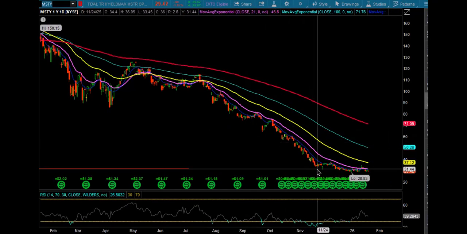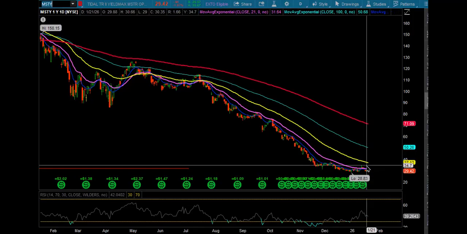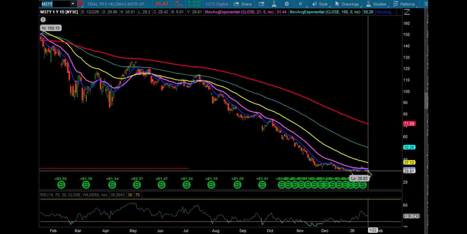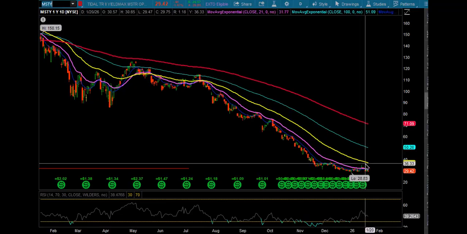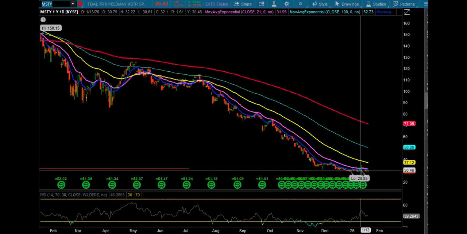And this pattern would result in some kind of a bullish move if the Bitcoin goes up. I would not be satisfied till it goes up here and covers that 50-day moving average at 36. Till then, we are still in the holding pattern and receiving dividends.